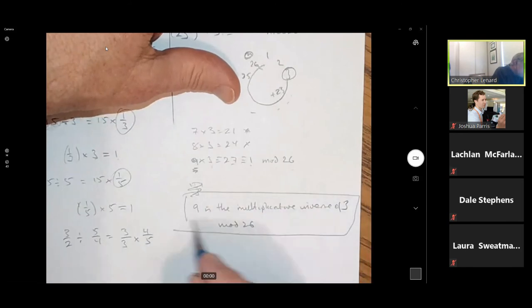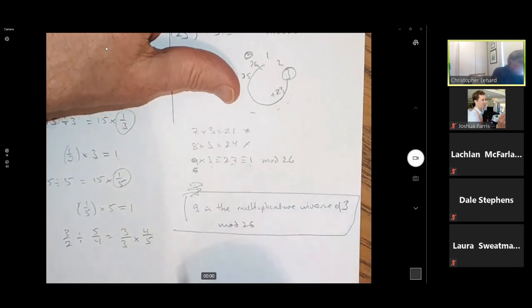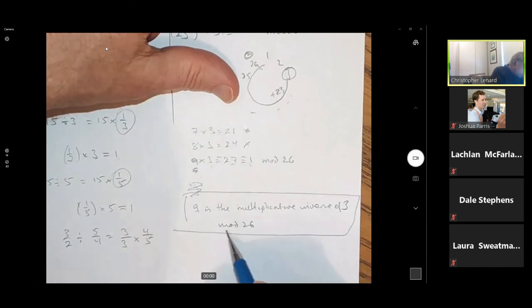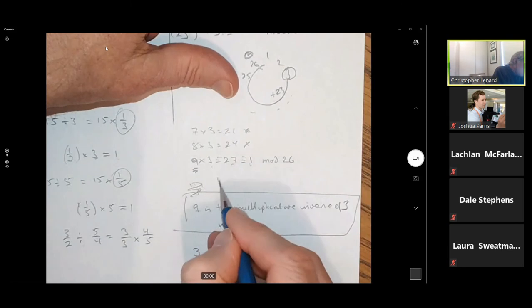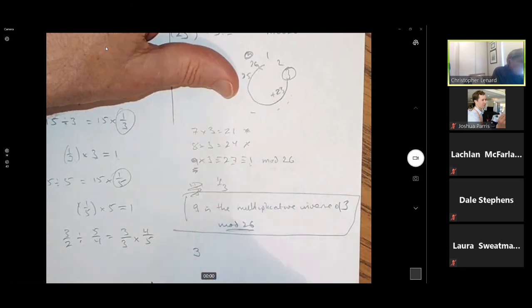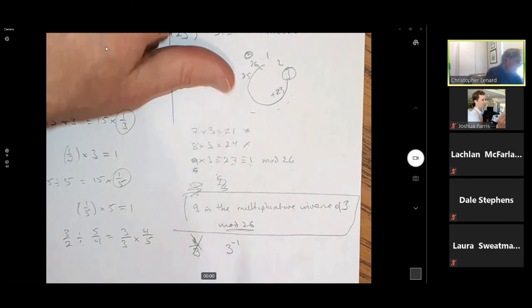That simply means that 9 times 3 is actually equal to 1 in this arithmetic. And how we denote that is, instead of writing 1/3, we're not going to write that. What we're going to write is the inverse of 3.